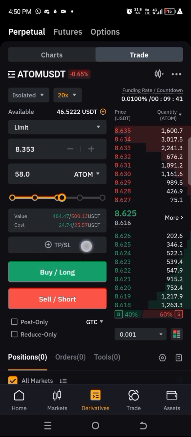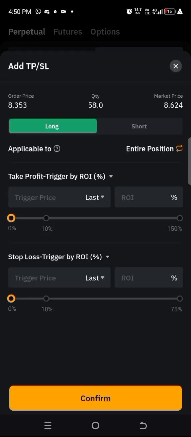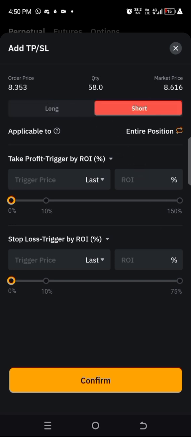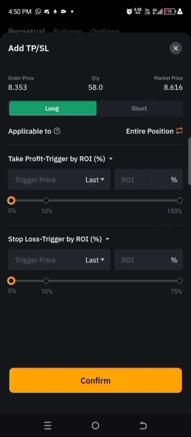Then you come here below and see your TP and your stop loss. You click on TP/stop loss. Now you ask yourself, do you want to long or do you want to short? In this trade, we are taking a long trade. Long is for buy, while short is for sell. I already explained that in my previous video.